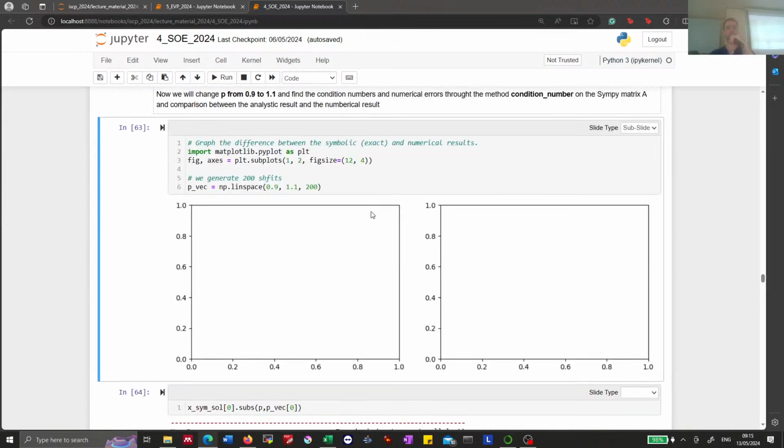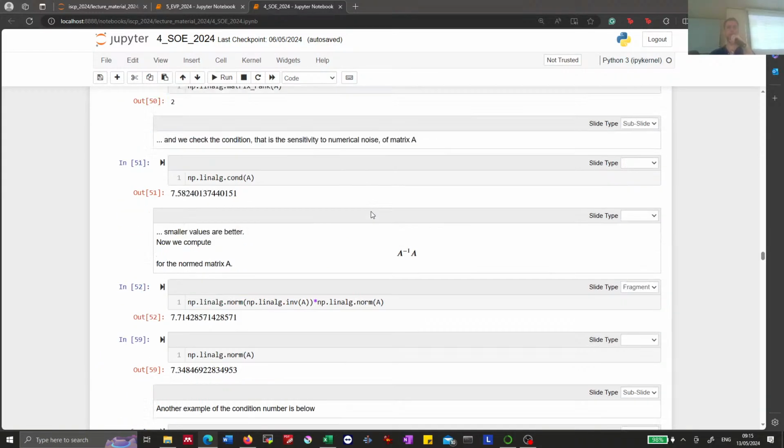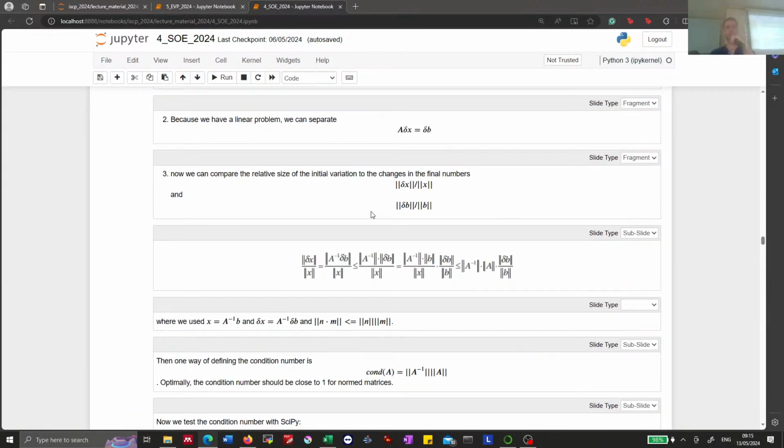Okay, and one more time, what is important to me is our first bit of real numerical analysis of an algorithm that you see here. In this block, we do the proper analysis of what we actually expect and what we introduce here at the end. That is the definition of the condition number through an analysis of small changes.